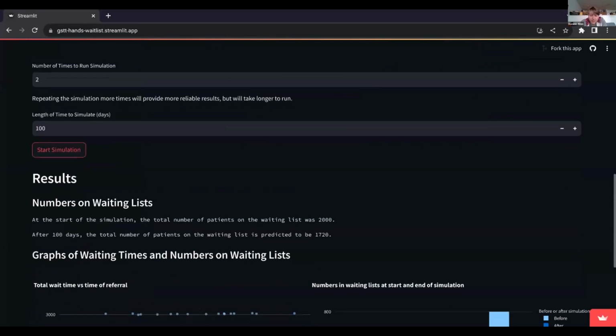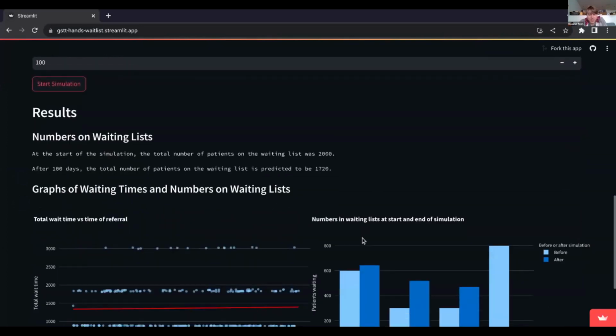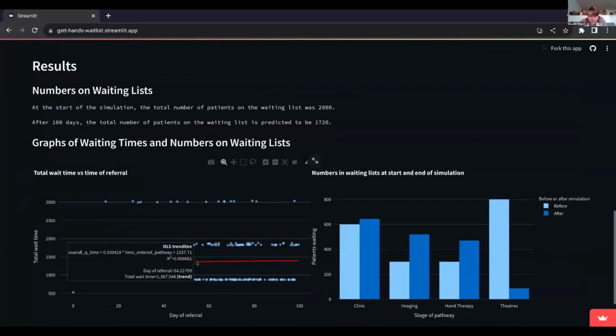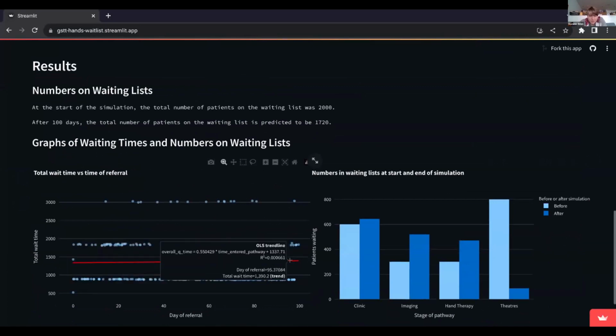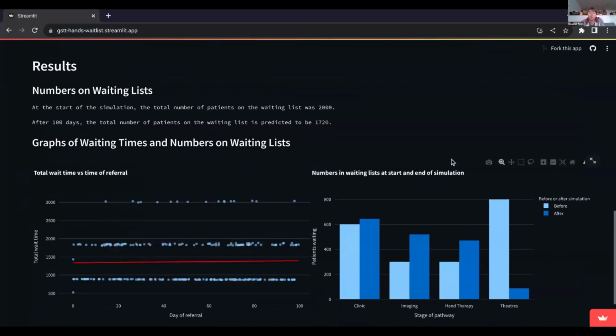And you can see here, we're still starting with 2,000 patients waiting. But then at the end of 100 days, we've actually reduced that to 1,700. The waiting times are not so different. Well, the trend is similar, but the actual waiting time is reduced quite substantially. So that's now down to about 1,300, 1,400 days on average.